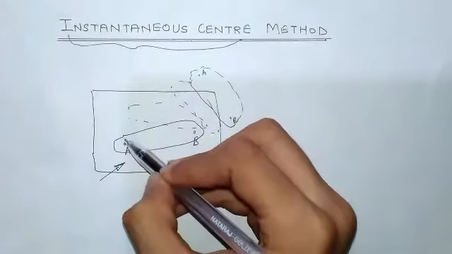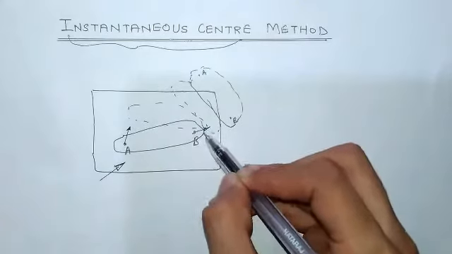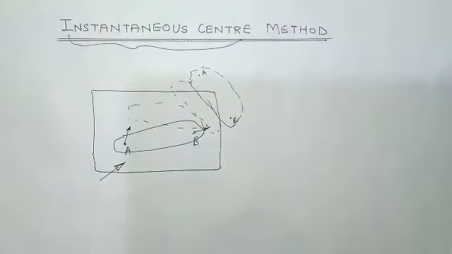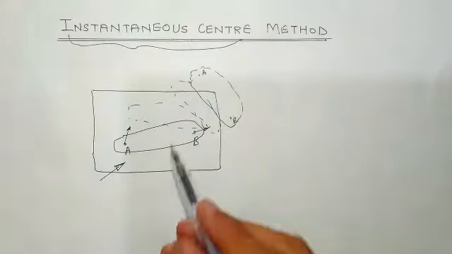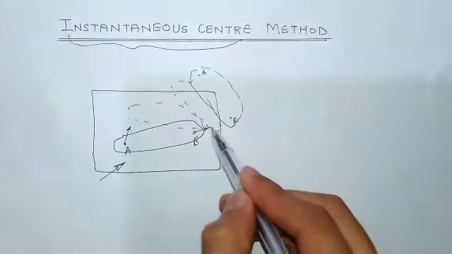We see that points on the body are moving in different directions. Point A is moving in this direction, and point B is moving in this direction. And we can have only one type of motion, but it would be at a particular instant.